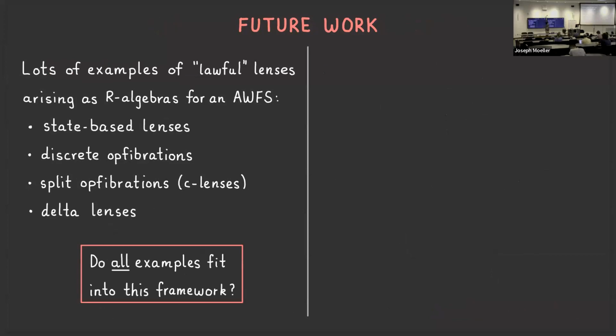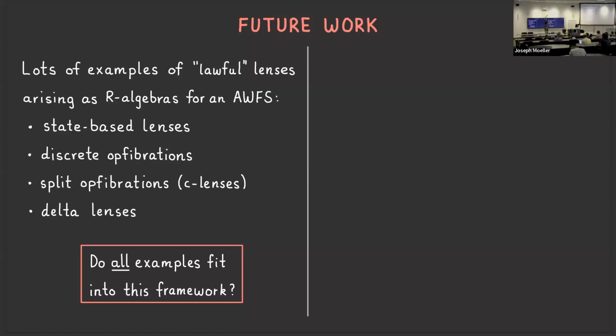Are there examples of lawful lenses which do not fit into this framework? If they don't, then maybe this indicates some limitation of this framework for describing and understanding lenses of this kind. So that would be interesting to know.